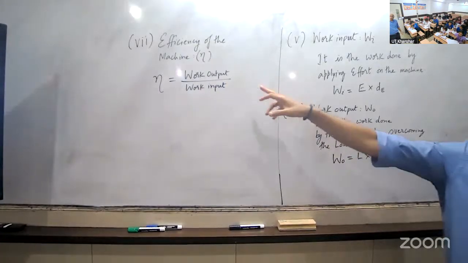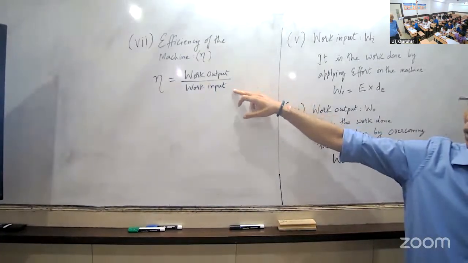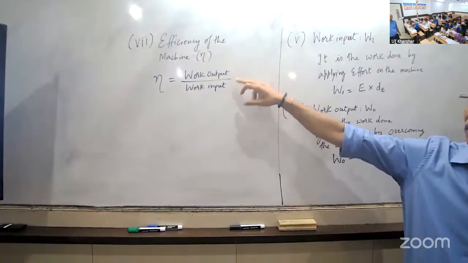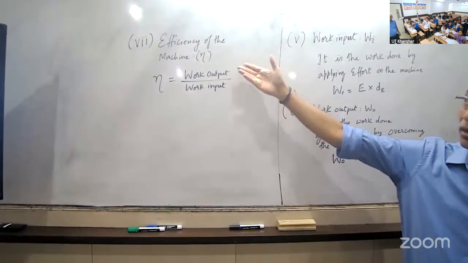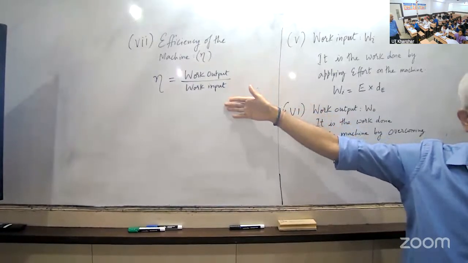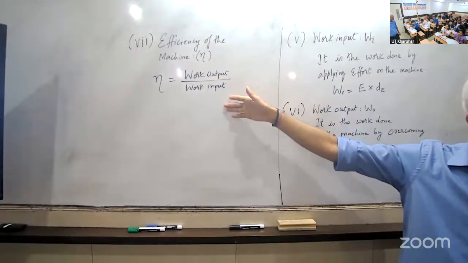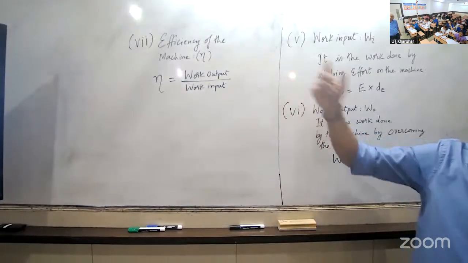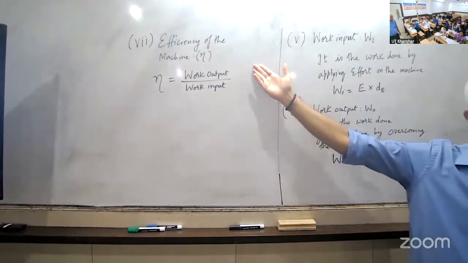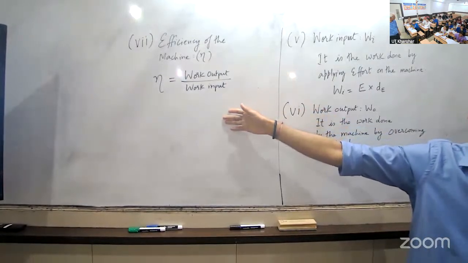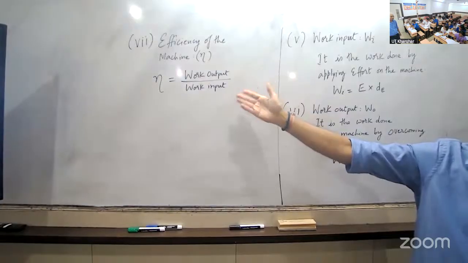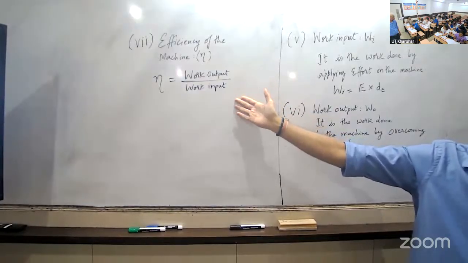Now, since the time involved in providing work input and the work delivered is the same, it can also become power output and power input. Correct? Since time is the same, it will be power also, or energy output upon energy input. The same efficiency formula can take different forms. Got it?